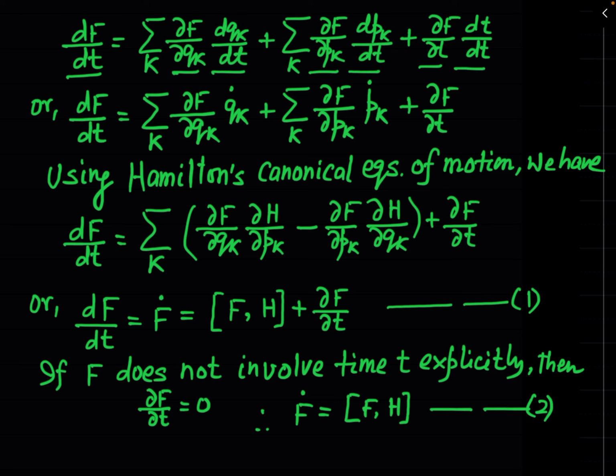Now dqk by dt is simply qk dot, dpk by dt is pk dot, and dt by dt is equal to 1, so the last term is simply del f by del t.